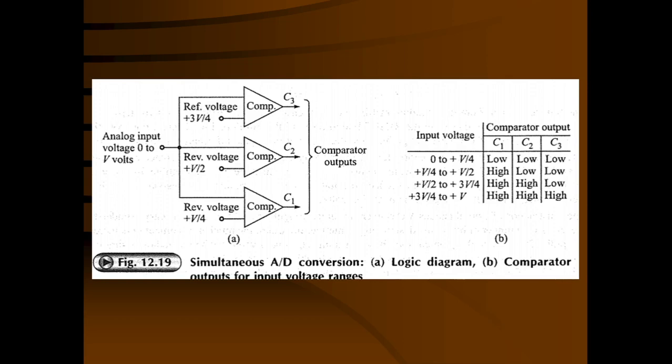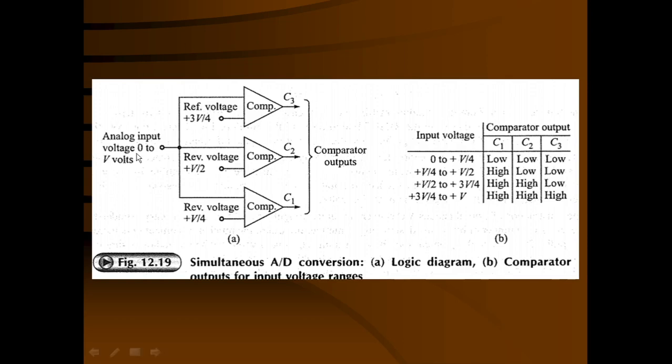That means the analog input voltage may be lower than +V/4, so it may be in the range from 0 to +V/4. So if the range is 0 to +V/4, the outputs of C1, C2 and C3 are going to be 0, 0, 0 or low, low, low. That means all the comparators are going to be off.